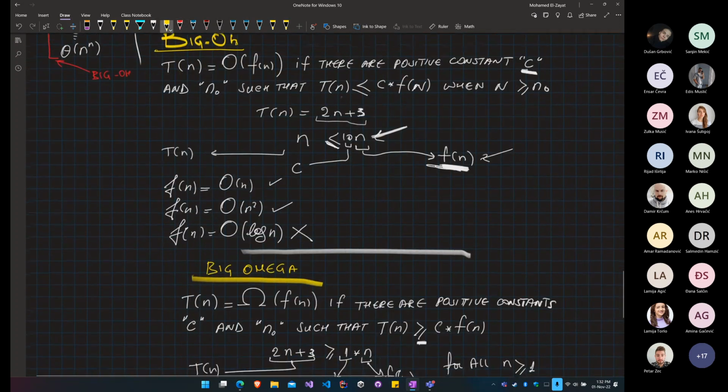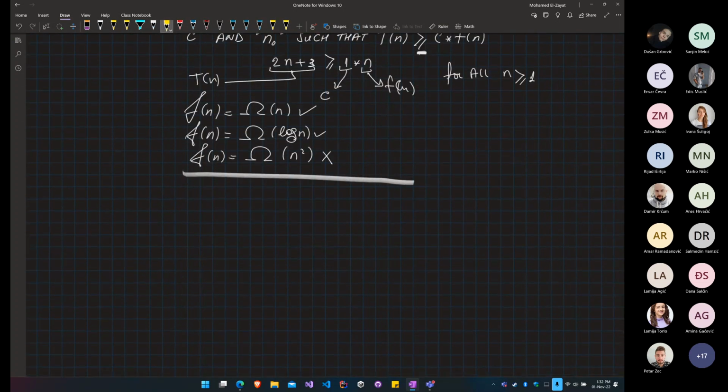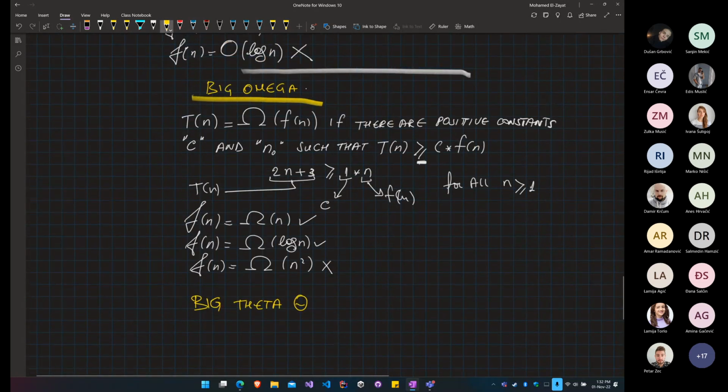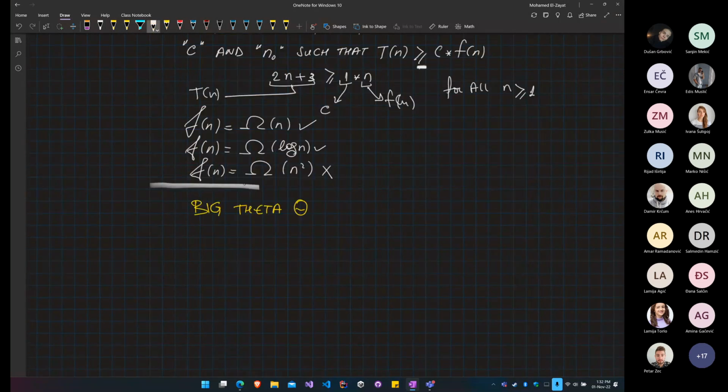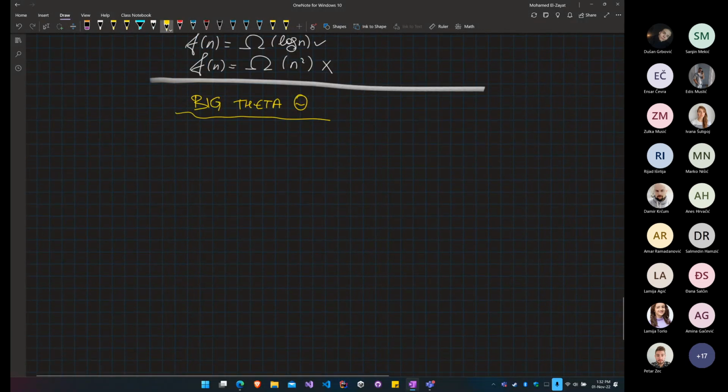Now, let's talk about big theta. Big theta is, as you probably have guessed, in between. So this is going to be big theta, and this is big omega, and I'll just draw the line there. And let's look at the big theta definition.